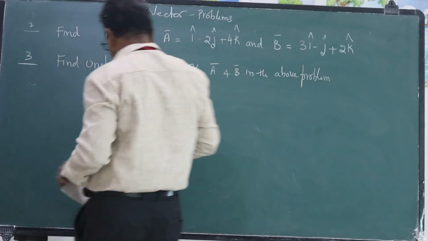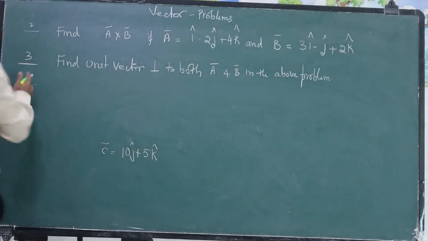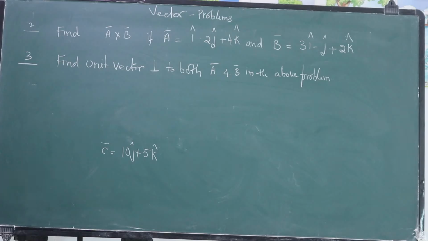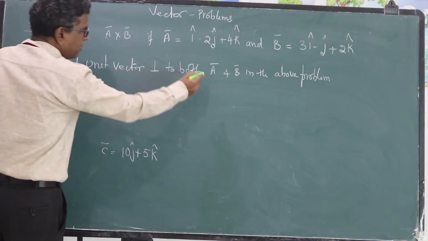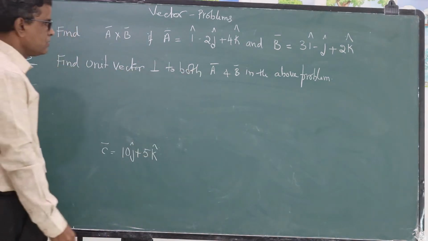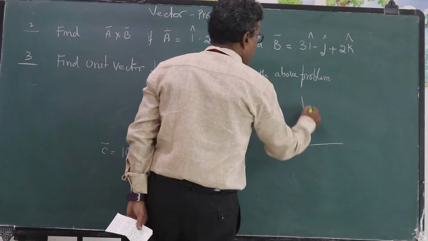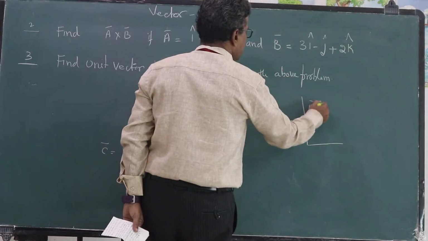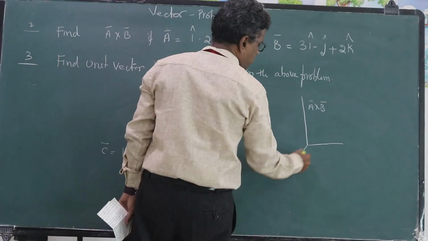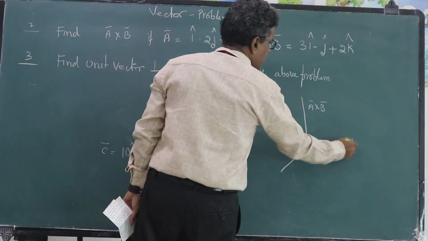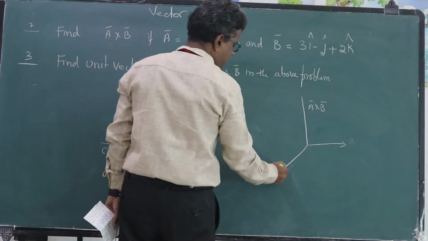So this is the problem. This is the continuation of the above problem. So find unit vector perpendicular to both A bar and B bar. So we know that A bar cross B bar is perpendicular to both A bar and B bar.